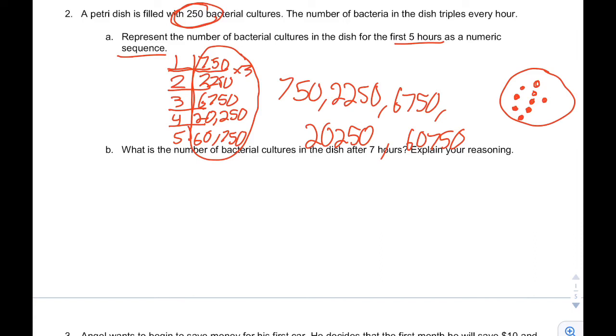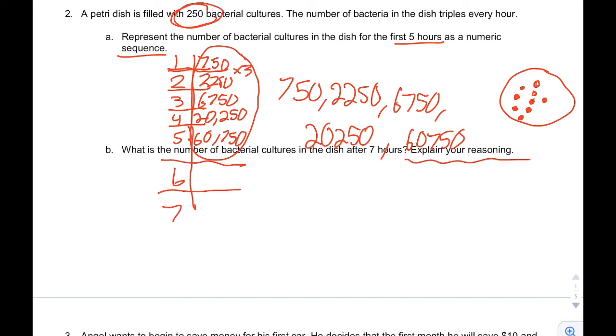Part B says, what is the number of bacterial cultures in the dish after 7 hours? And explain your reasoning. So this one, there's actually a number of ways we can do this. I actually think since we have the table made already, up to first 5 hours, and it asks for 7 hours, it would just be pretty smart of us to just keep going with this pattern.